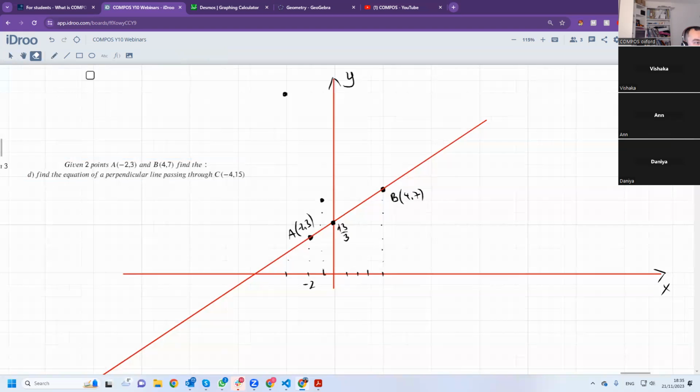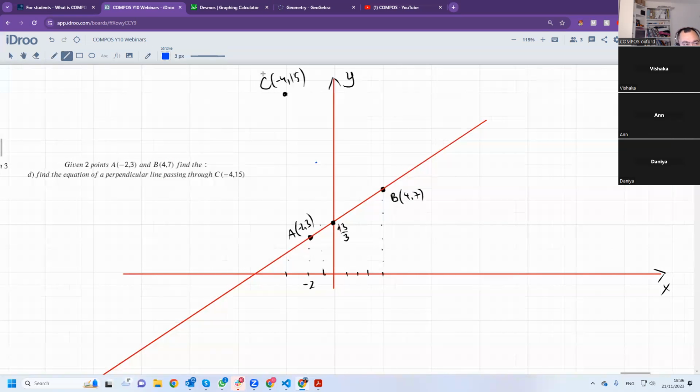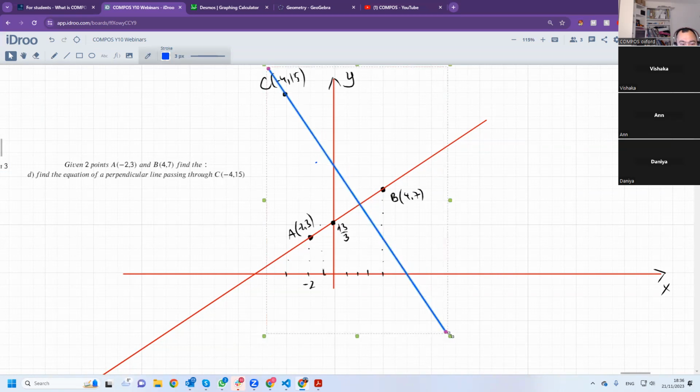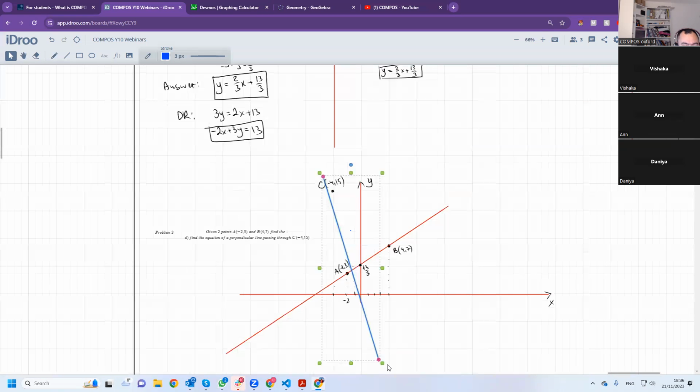Otherwise, it's just clunky. All right, so we have another point, C, -4, 15. And I want a line that is perpendicular to the original one, going through C. As you can see, there's only one possibility, because any other line passing through C is not going to be perpendicular. So there's only one possibility.